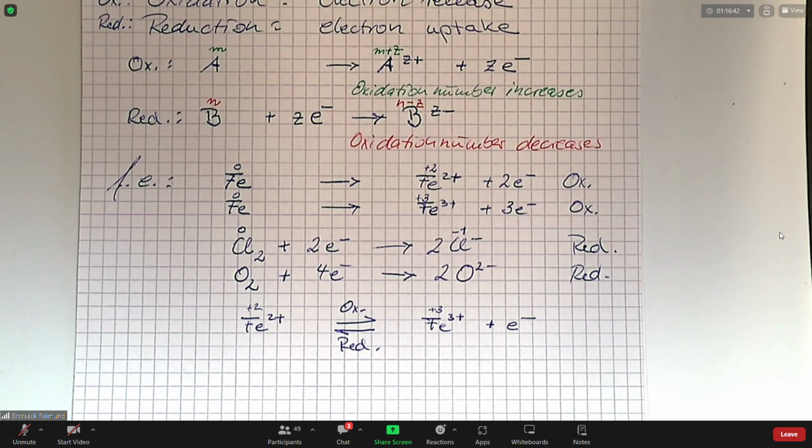And second, we can compare: if we have a solution of iron 2+ in a proton-containing solution, and there is a production of hydrogen, then the power to form iron 3+ is bigger compared to the power of staying as a proton for the hydrogen.